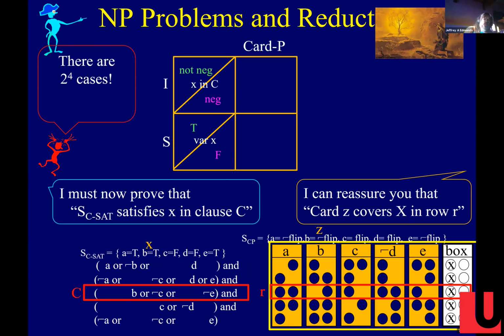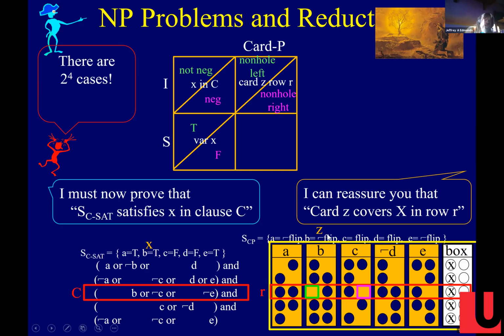Right? Now, again, let's go to the card problem. We have a particular set of cards, and a particular card we're talking about, and there are 2 cases. There might be a hole in the left of the column that we care about.